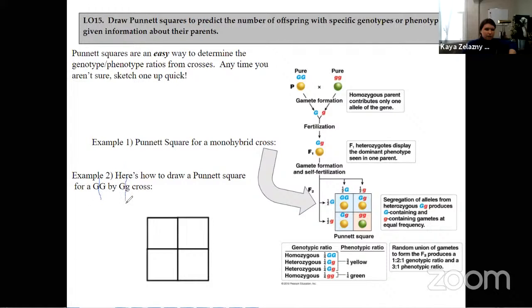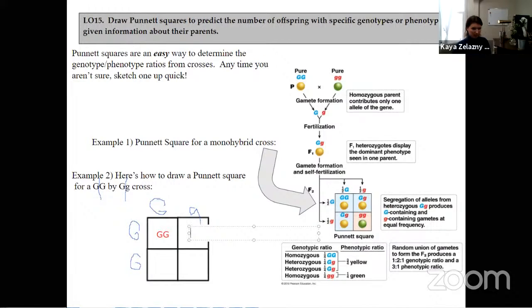So we are literally doing that as we do these rows. So we're going to put G and little g for this heterozygous parent. I'll put big G over here for our homozygous parent. So then as we do the Punnett square, we're just putting what's on the row and what's in the column.